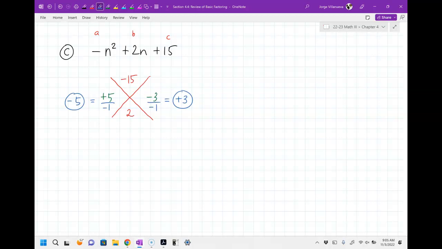Now, when it comes down to this, you're supposed to leave it as your value, but you're going to factor it out this way. Let me write it out. So you're going to have n minus 5, n plus 3, and remember how there's a negative in the front? Just put it in the front.